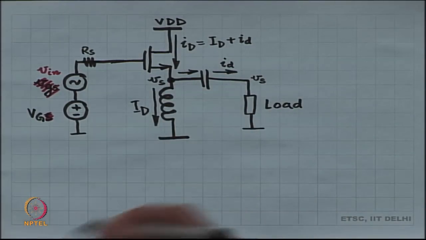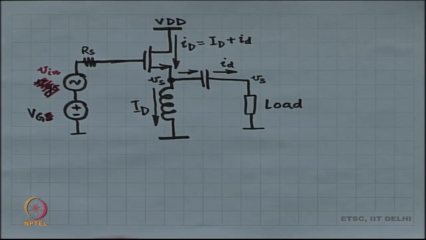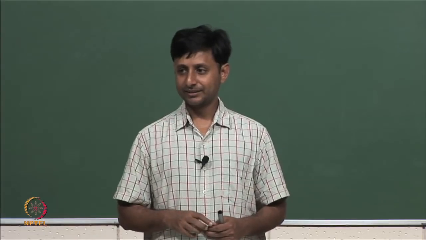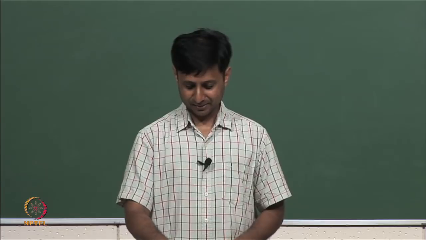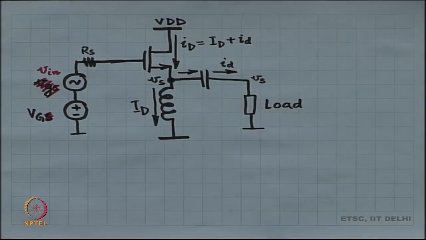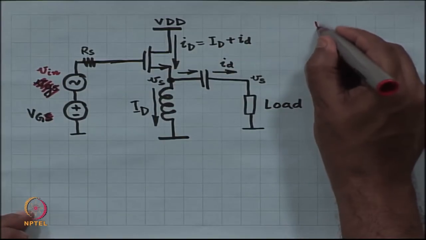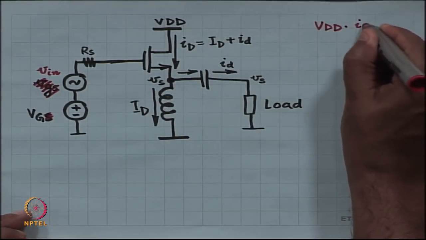So, it is no longer like our earlier case. In the earlier case we had VDD times ID, right. In this case the power is being supplied, it is VDD times small i sub capital D. So, power supplied is VDD times small i capital D.